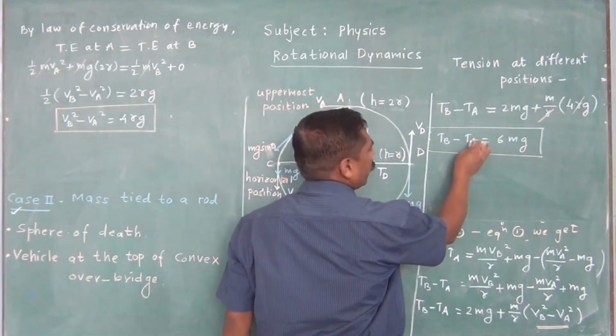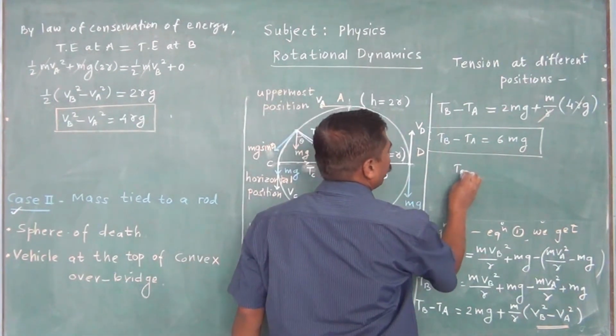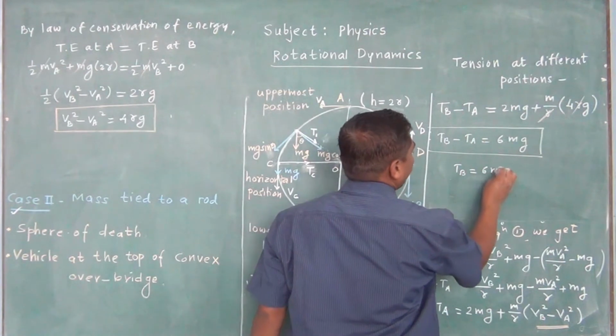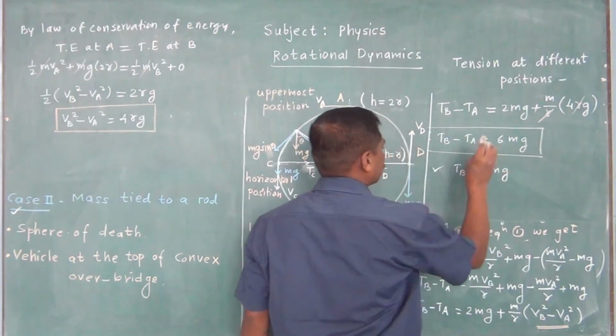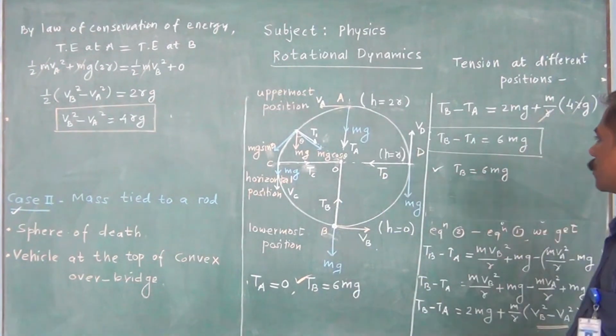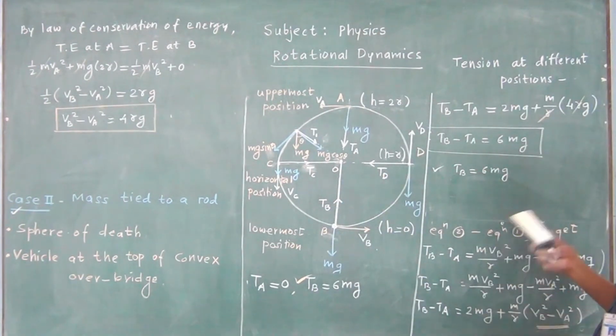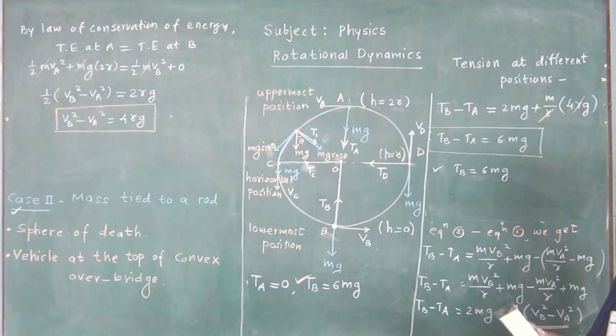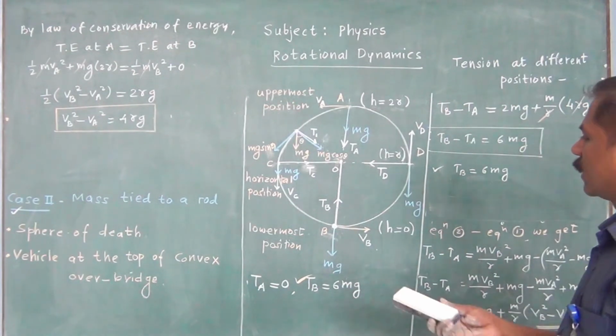If we put this value 0 here, you will find the relation Tb is equal to 6 times mg. So the tension at position B is nothing but 6 times mg.